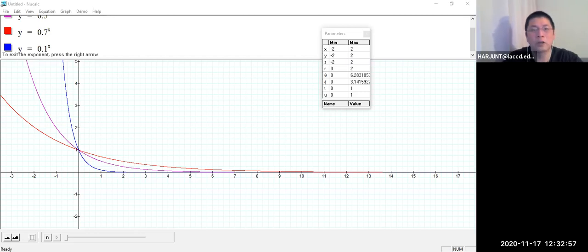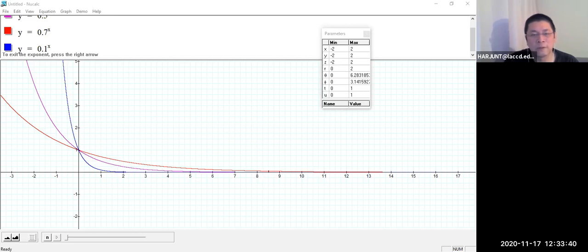What we have here earlier is when the base is greater than 1. Now, the one below is when the base is still positive, yet less than 1. We see that the domain is still all real numbers, the same as before. The range is still from 0 to infinity. We have a horizontal asymptote, still y equals 0. The y-intercept is still (0, 1).